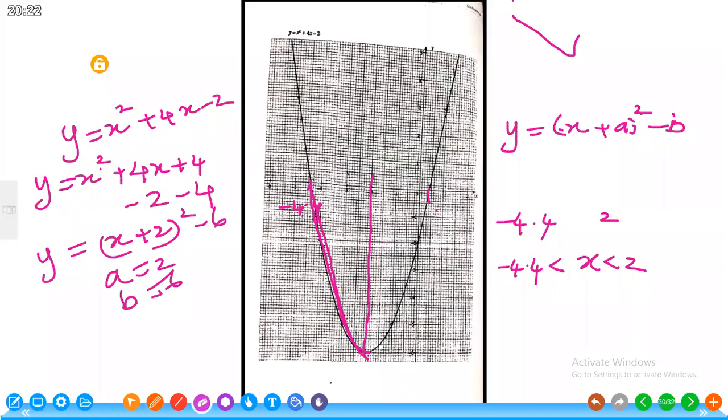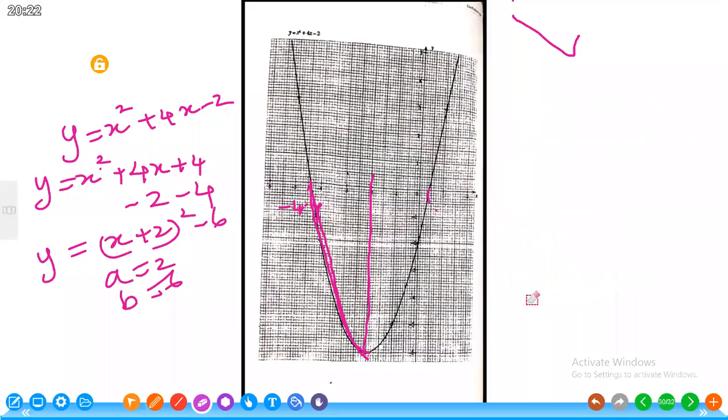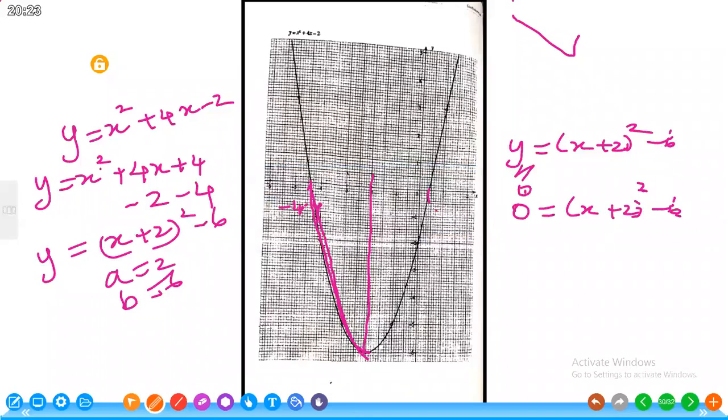Here we use the equation y is equal to (x plus 2) all squared minus 6. When y is equal to 0, that is the x-axis.